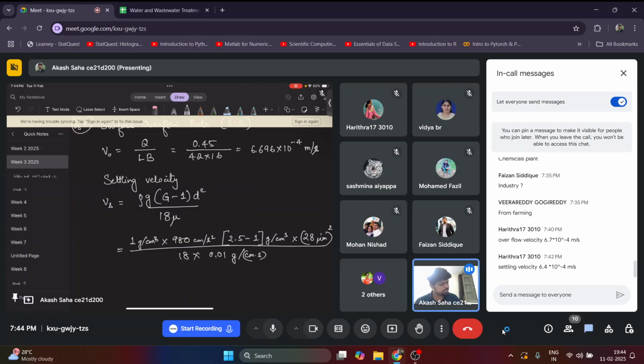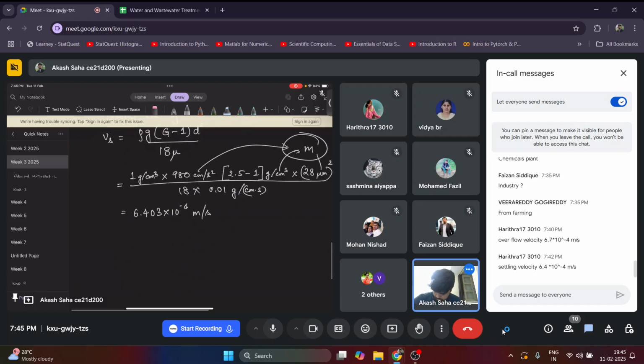You have to convert all of this into meter. After conversion of everything, you will get 6.403 into 10 to the power minus 4 meter per second. This conversion is very important, otherwise the answer will be wrong.